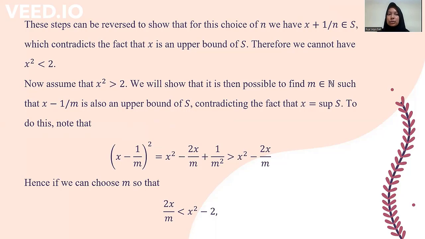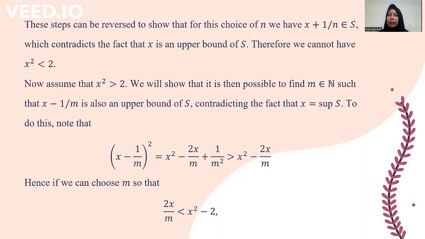Therefore, we cannot have x squared less than 2. Now assume that x squared is greater than 2. We will show that it is then possible to find m, an element of the natural numbers, such that x minus 1 over m is also an upper bound of the set S, contradicting the fact that x is equal to the supremum of S. To do this, note that (x minus 1 over m) squared is equal to x squared minus 2x over m plus 1 over m squared, which is greater than x squared minus 2x over m.